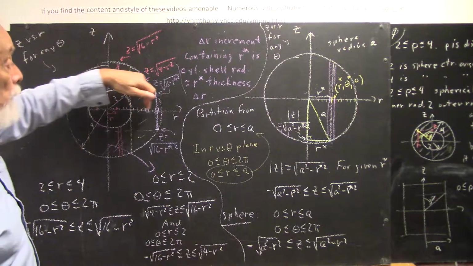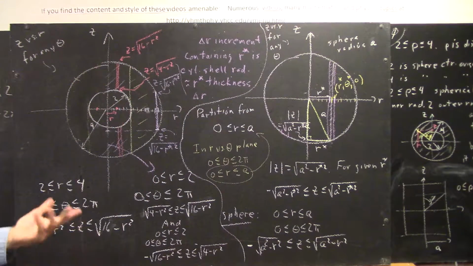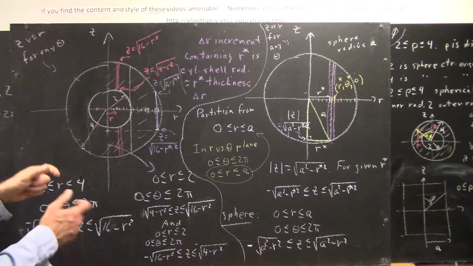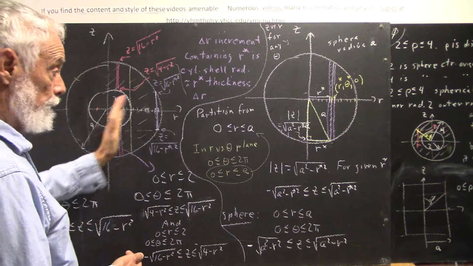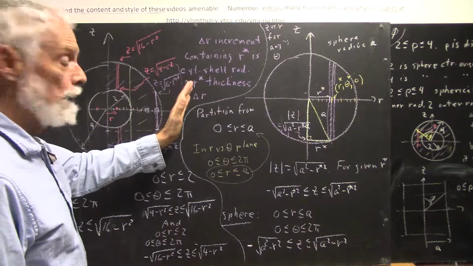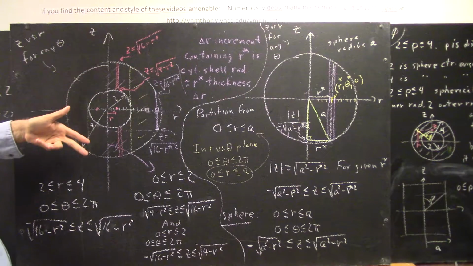Or if r is the distance from this point to this point, then it would just be r squared. Okay. This describes the part of our sphere that lies 2 or more units from the z-axis.